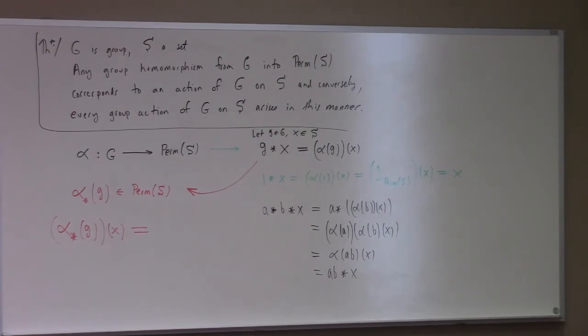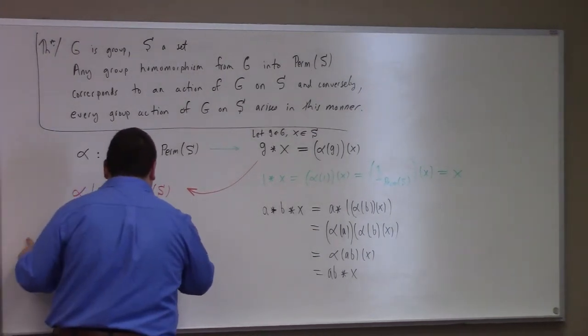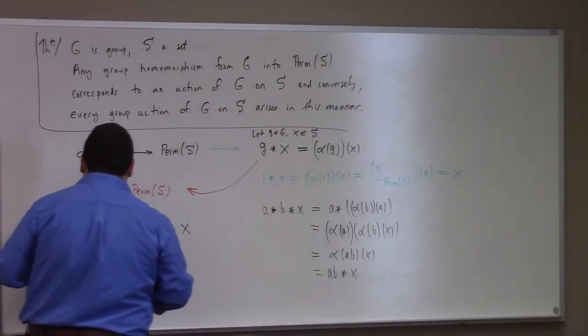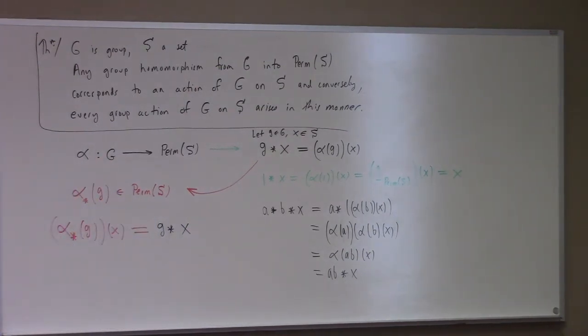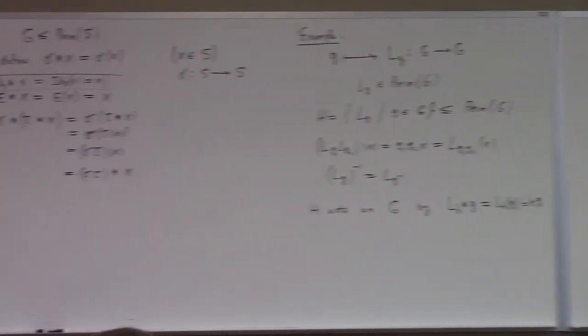I'm just giving you the core of the argument, not the entirety of it. But this is, of course, going to be G star X. And the fact that it's a homomorphism is just really nothing more than sorting back through the correspondence, and those axioms are the homomorphism property. And I think the 1 is what's necessary to get the bijection that you're talking about, King. Yeah. Okay, let me move on.